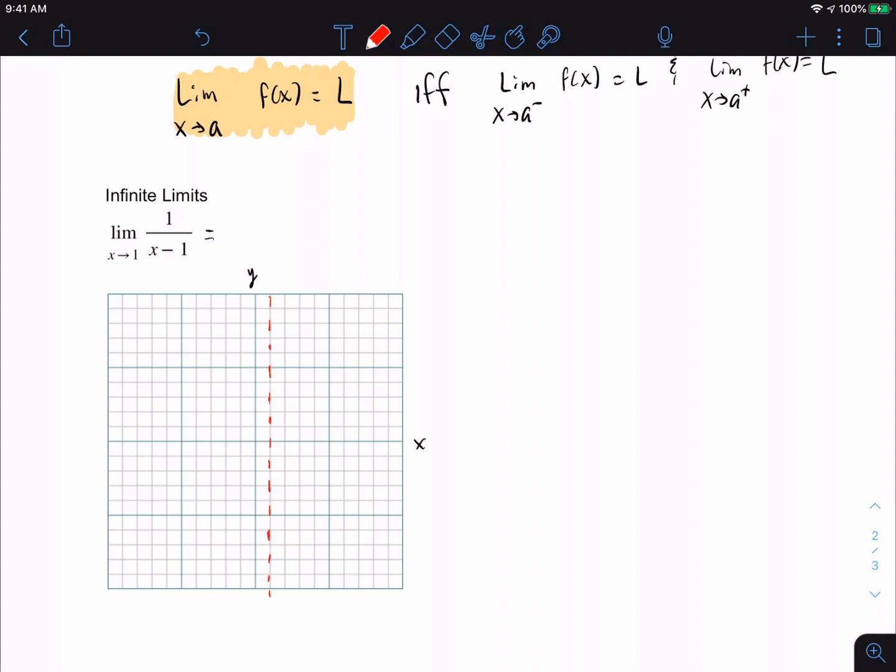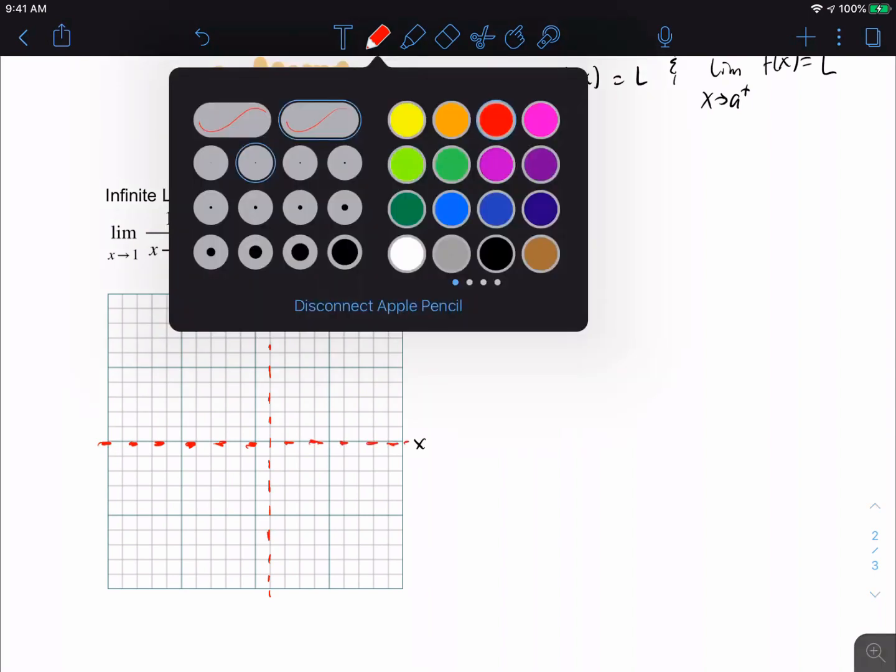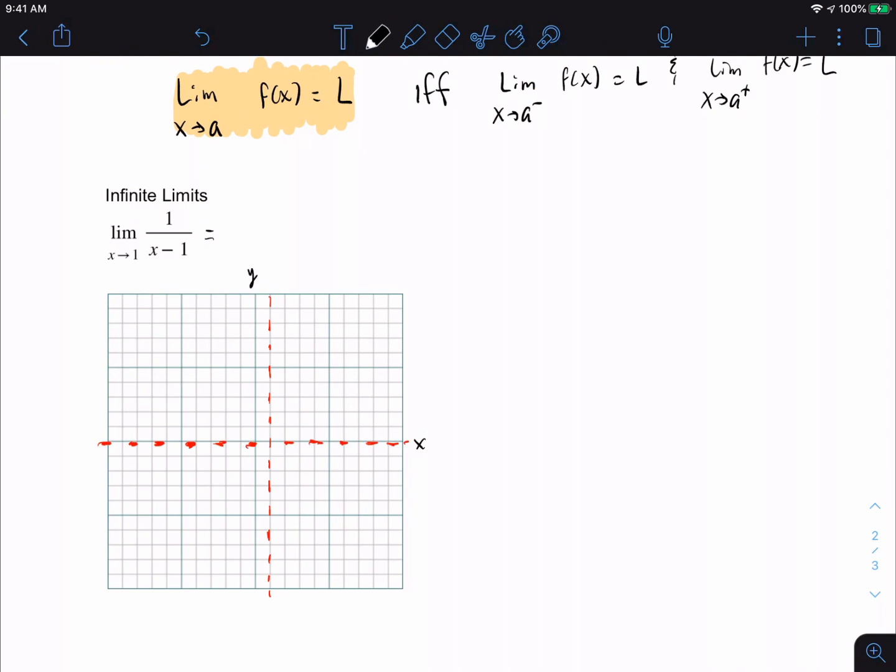And I also know that it has a horizontal asymptote at 0. And then my function's going to look like this. All I'm trying to do here is demonstrate this for you guys pictorially so you can see another way to do this problem. Okay?